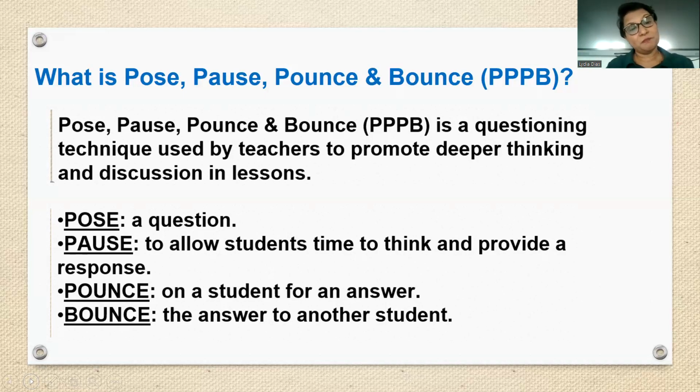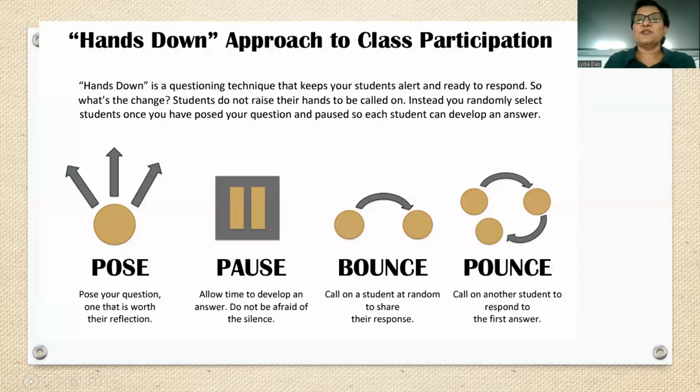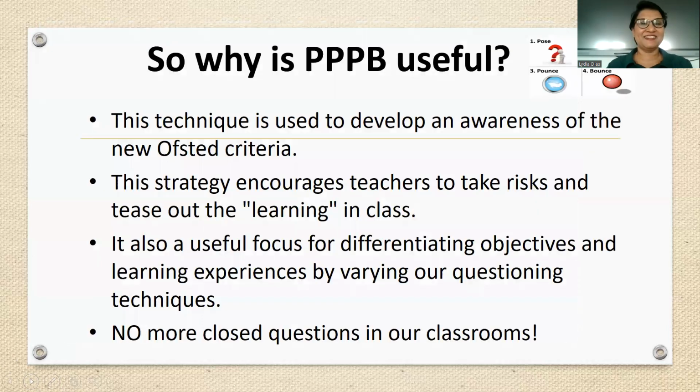And then bounce the answer to another student. So this questioning technique is a hands down technique. Students do not raise hands to be called on. So this is a hands down questioning technique that keeps each student alert and ready to respond.